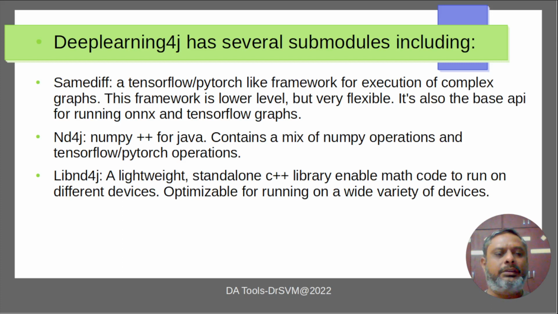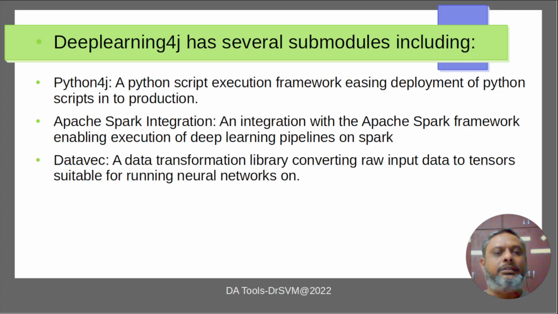Then libnd4j, a lightweight standalone C++ library enabling math code to run on different devices. It's optimizable for running on a wide variety of devices. Python4J is a submodule defined under DL4J.